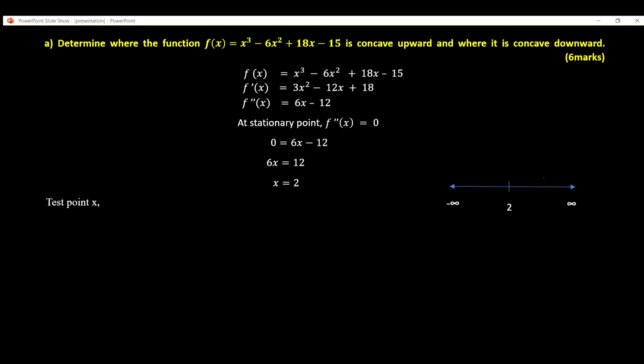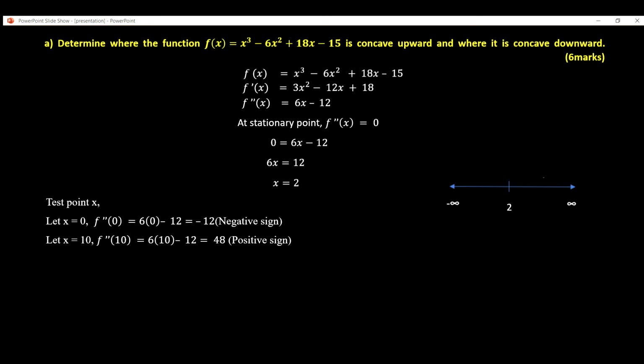Now we plug in a number which is smaller than 2. Let's say x equal to 0. So the second derivative equals 6 times 0 minus 12, equal to negative 12, which is a negative answer. We also have to plug in a number which is greater than 2.